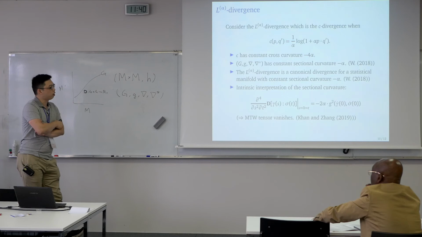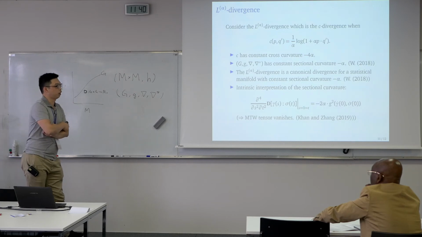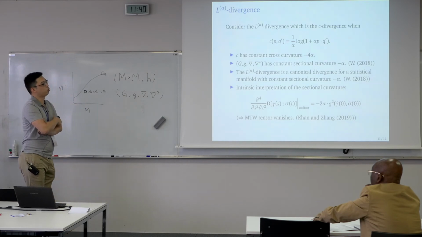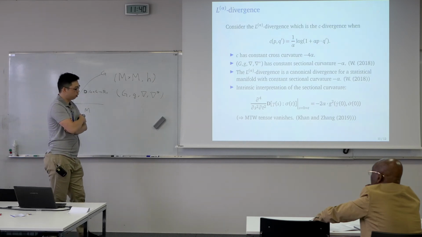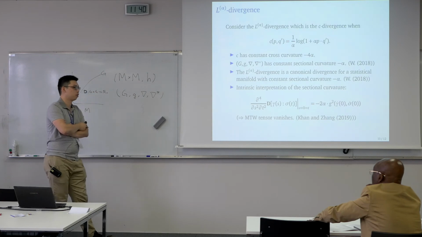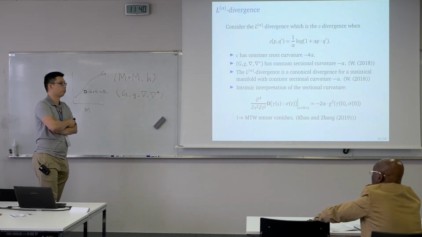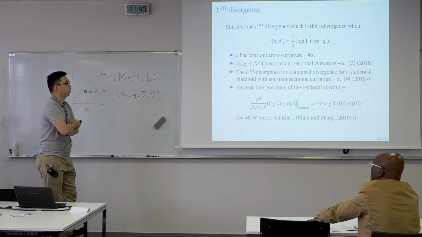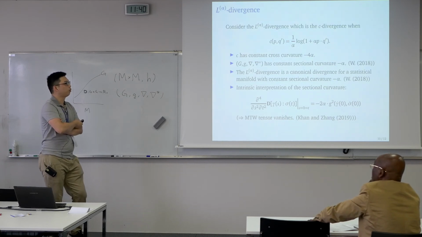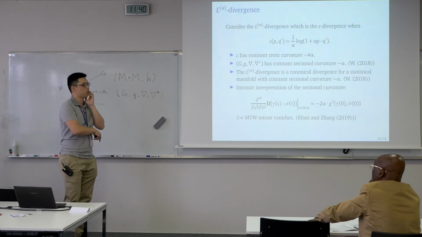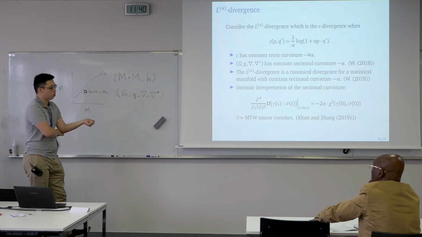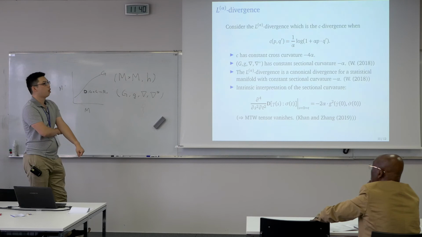And also we calculate the mixed derivatives of the L alpha divergence, which is equal to negative 2 alpha times the square of the inner product. And these results imply that the MTW tensor of this cost function vanishes identically, which also recovers one of Ken and John's work this year.